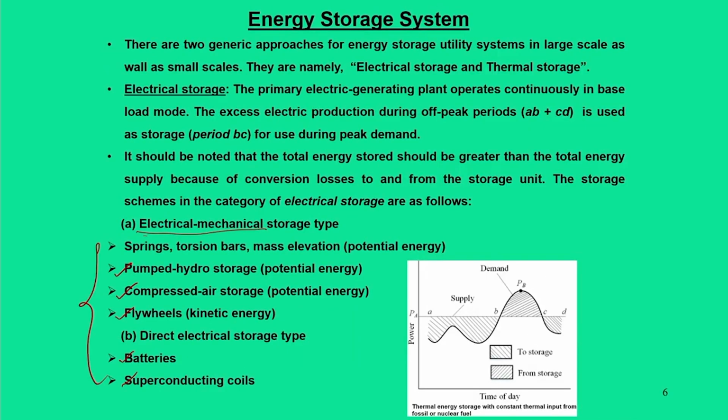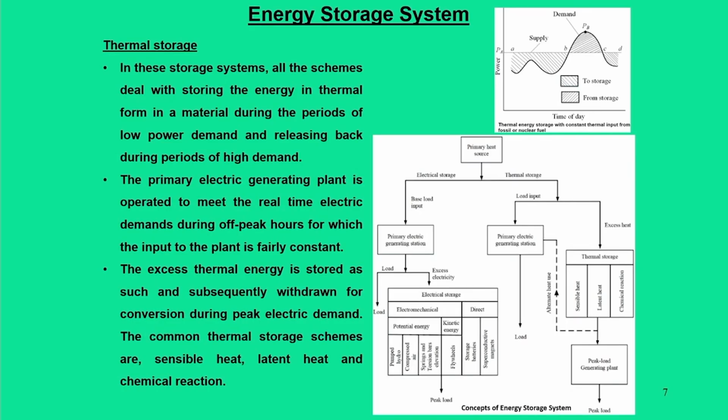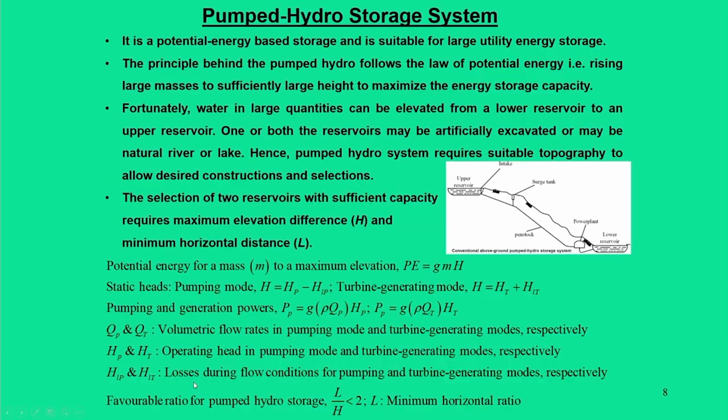Moving to thermal energy storage systems, we will talk about sensible heat storage, latent heat storage and chemical reactions. We call these thermal storage schemes in the form of sensible heat, latent heat and chemical reactions.